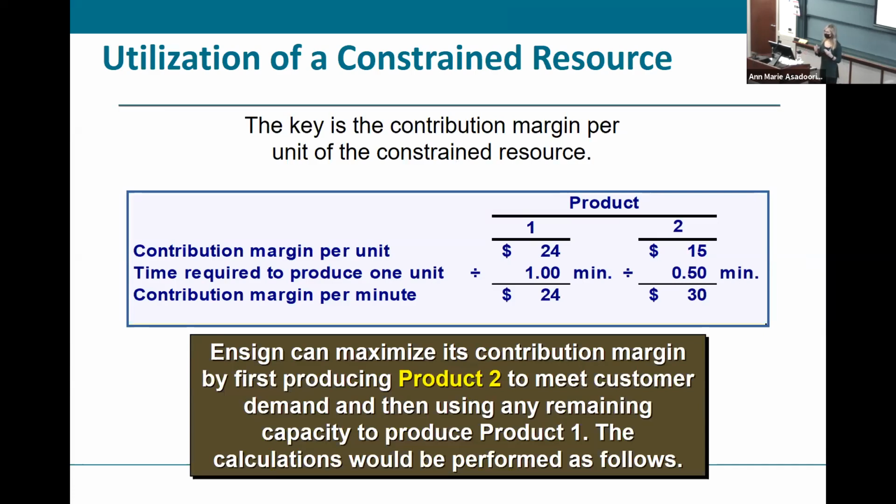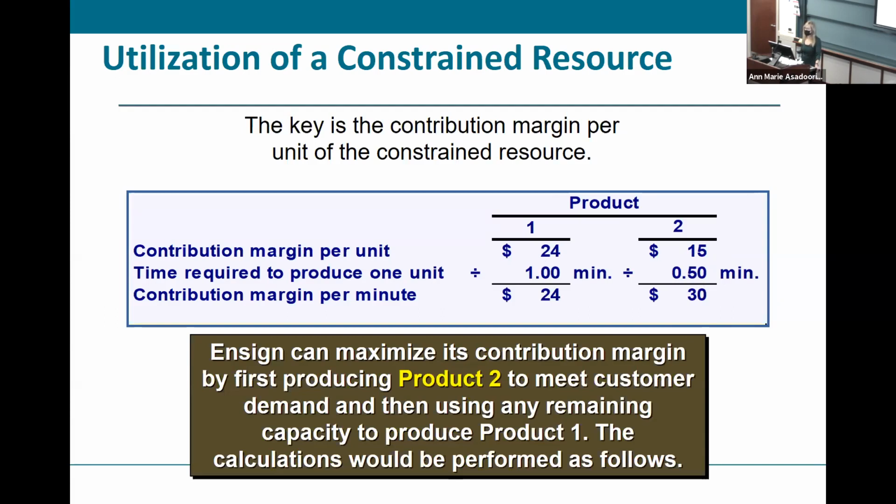So the idea here, and this is what we worked on last class, is first you're going to have to get the contribution margin per unit, and then what you need is the contribution margin of the constrained resource. And this was machine A1. Even though the per unit number was 15 and lower than product 2, because I could make twice as many of them with that machine time, I could see that I was going to get a higher contribution margin per minute of that machine time.